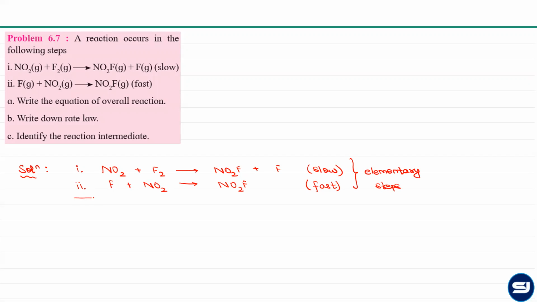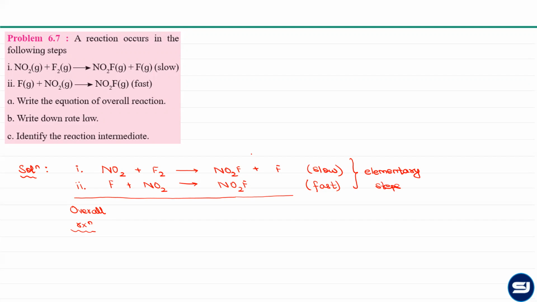When the multiple steps are given and if I add them together, I will get the net reaction or the overall reaction. To add up the reaction, whatever is common part that will be getting cancelled off. So can you see something common in the reactant and the product side for the two equations?